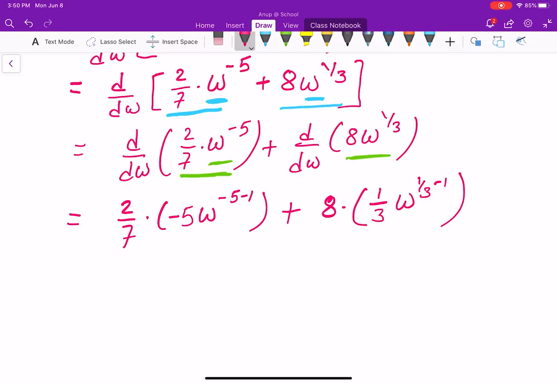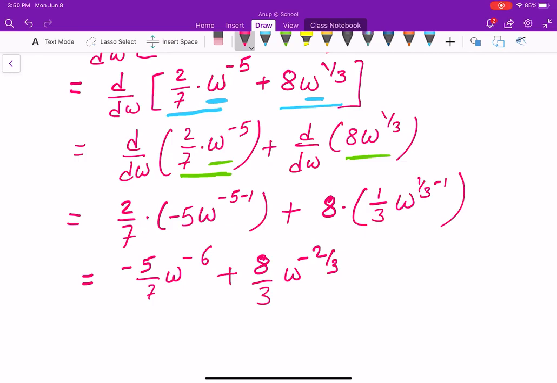All right, so this is the derivative, but if you want to simplify and rewrite, this can be written as negative 5 over 7 times w to the power negative 5 minus 1, which is negative 6, plus 8 over 3 times w to the power 1 over 3 minus 1, which is negative 2/3. So this would be the simplification of the derivative of the given function.